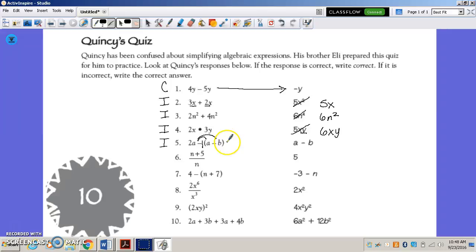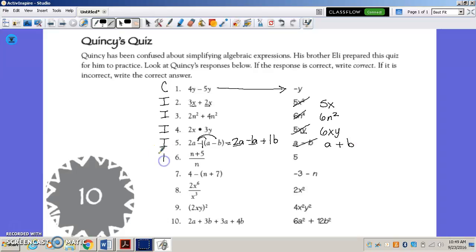This gives me 2a minus 1a plus 1b, because negative 1 times negative b is a positive 1b. And now we're combining like terms. 2a minus 1a is indeed a, and then plus 1b. So this is not correct. A corrected statement should have read as a plus b.